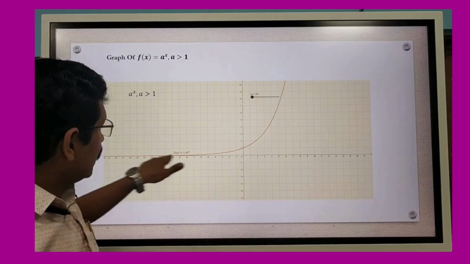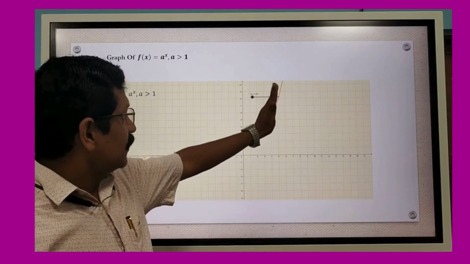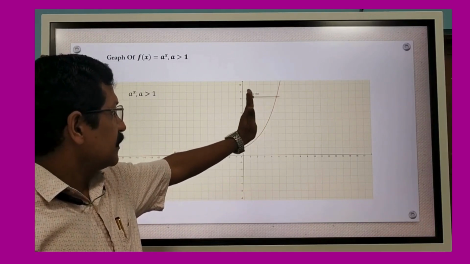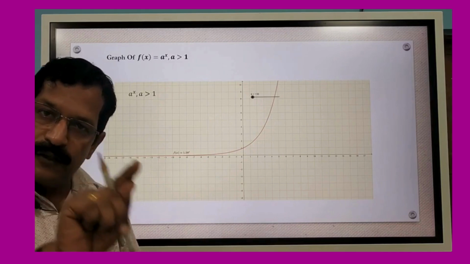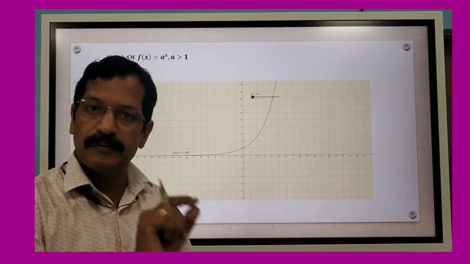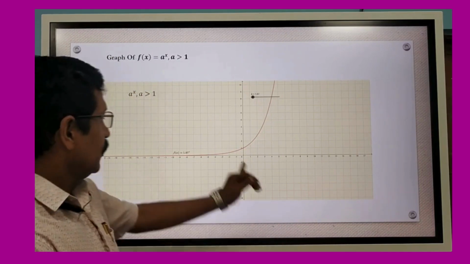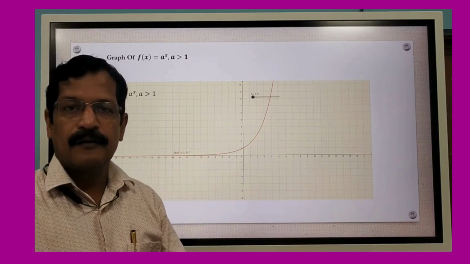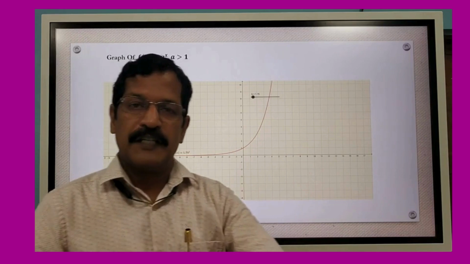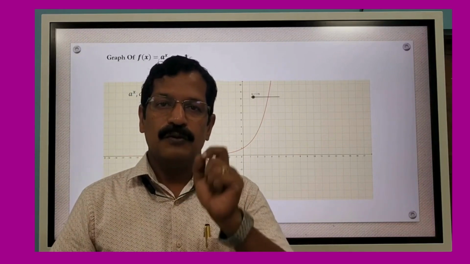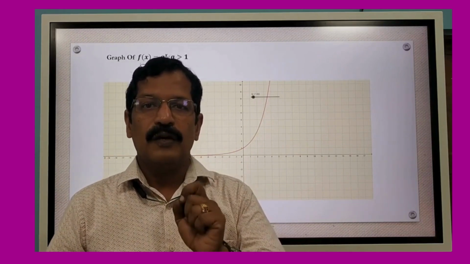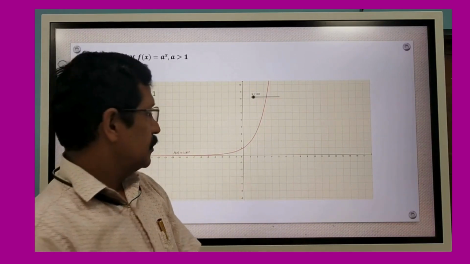So here you can see that when a increases, what happens? The graph is coming closer and closer to y-axis, and of course here the graph passes through the same point 0, 1. So the exponential function graph passes through the point 0, 1 always.